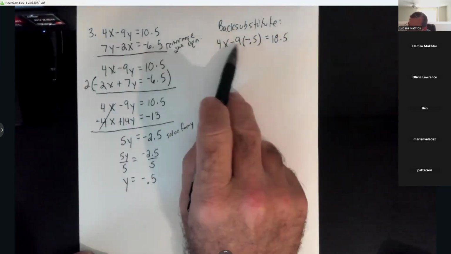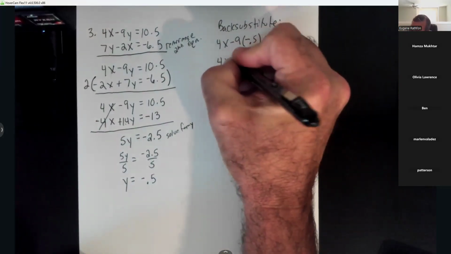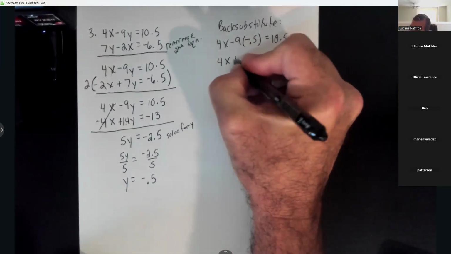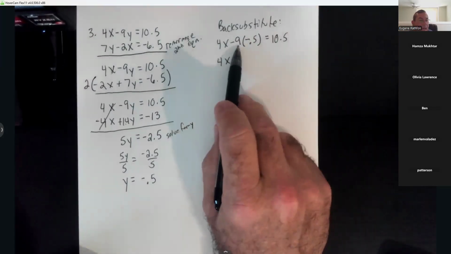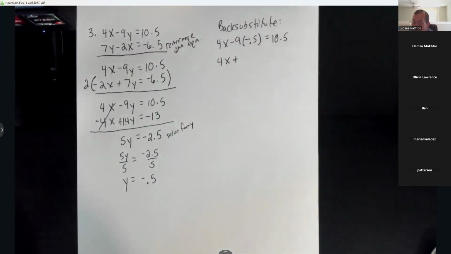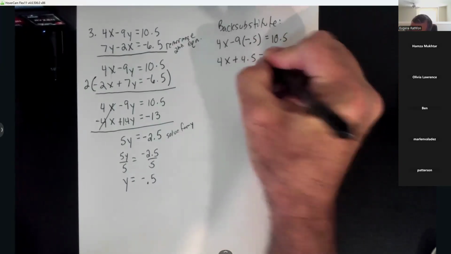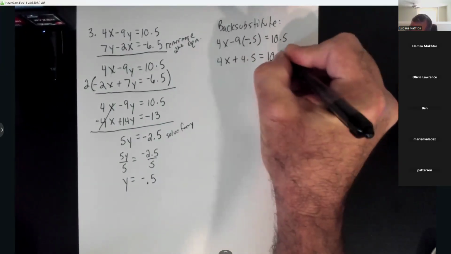Right, so 4x minus 9y equals 10.5. So the first thing I'm going to do is multiply that negative 9 times that negative 0.5, and I get a positive 4.5. That's going to equal 10.5.